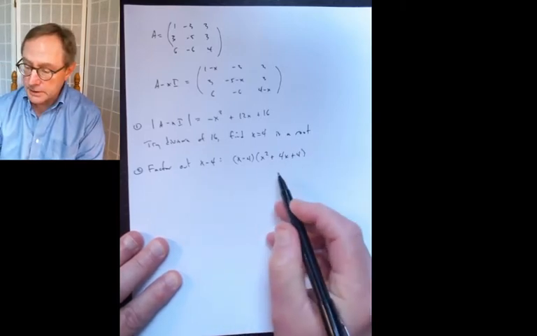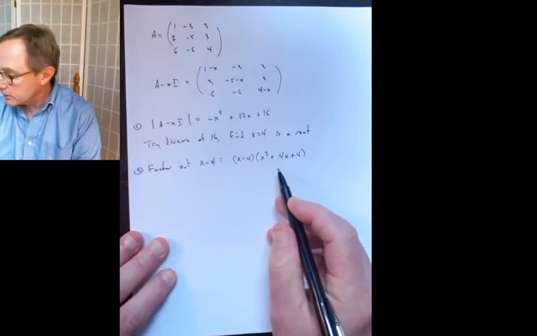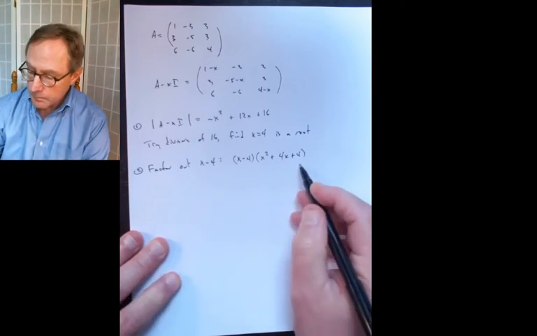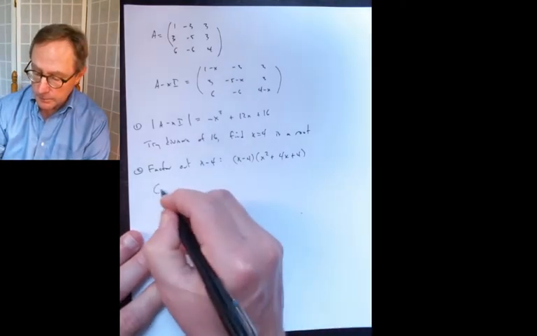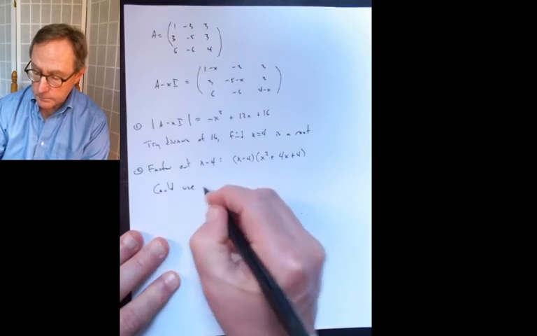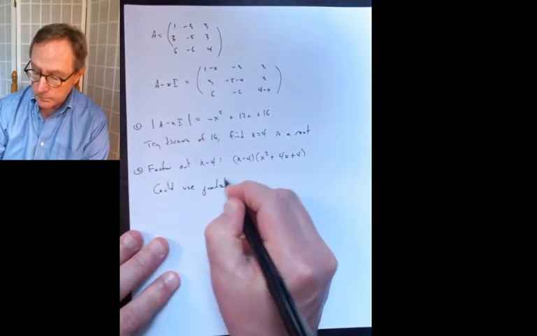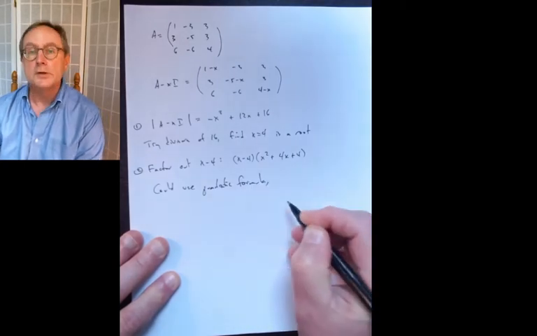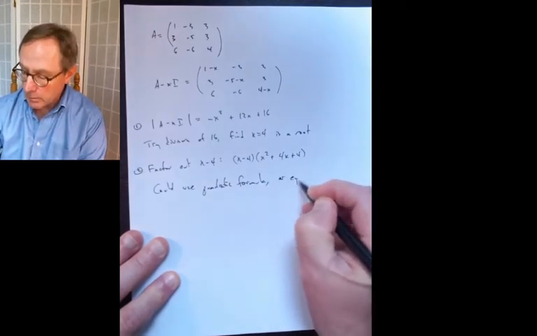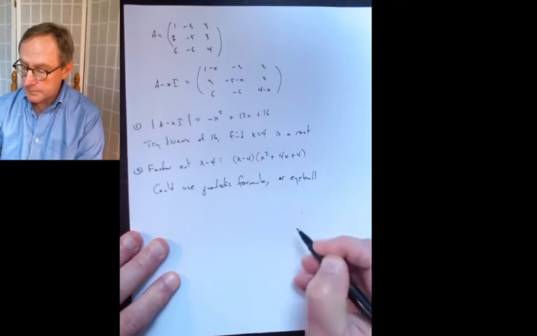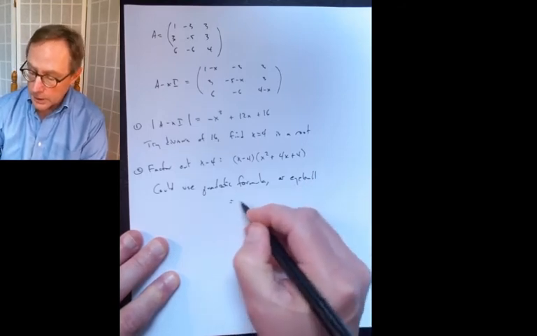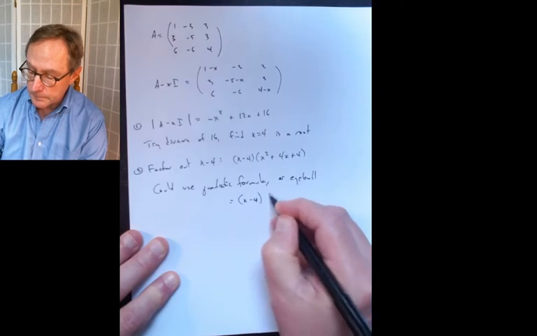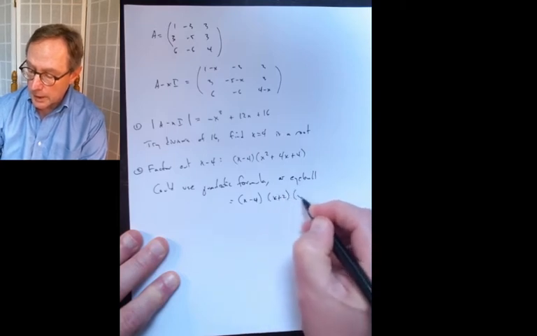And you can either recognize how to factor that, or else you could use the quadratic formula. Or you could just eyeball the answer to get a complete factorization of x minus 4, x plus 2, and x plus 2.